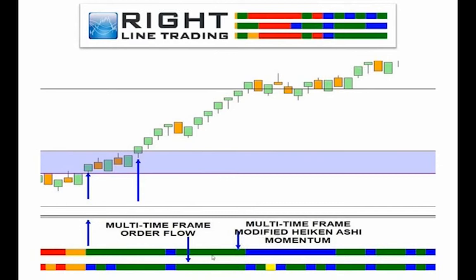When these two different forces in the market align in the same direction as you trade, the predictive power of a trading entry is enormously high. So when you're trading in the direction of order flow, multi-time frame assessment, and momentum, multi-time frame assessment, respecting these areas of support and resistance, you're very likely to get a winning trade.